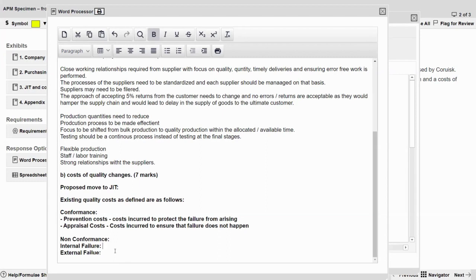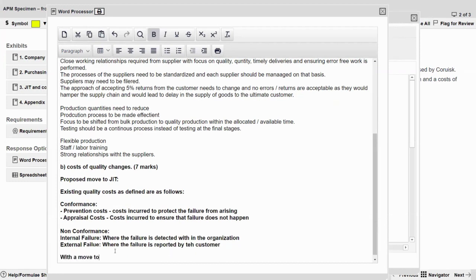The internal failure is where the failure is detected within the organization, and the external failure is where the failure is reported by the customer.